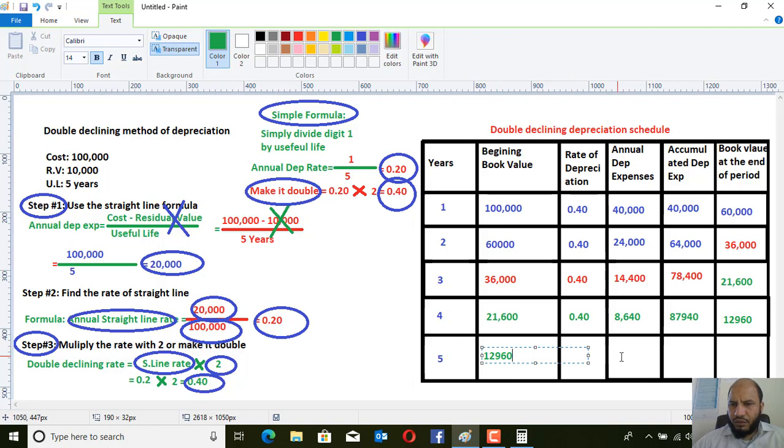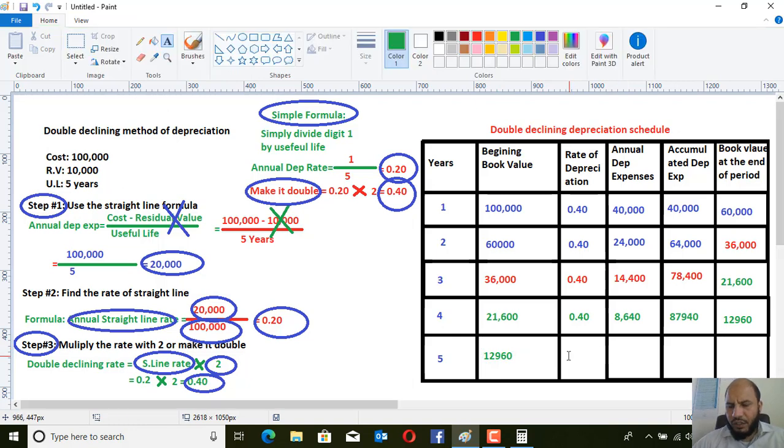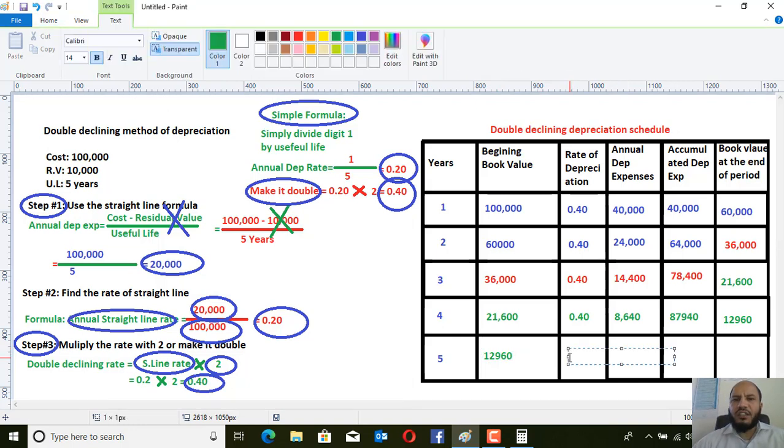So dear students, here we will not add anything. Here we will stop, and this is the important thing for us. Stop means that we will not add an amount over here.